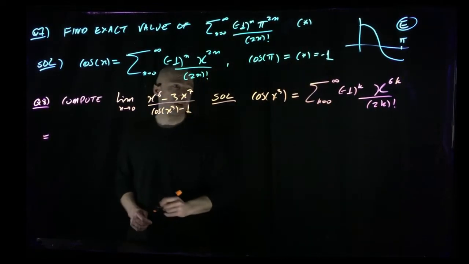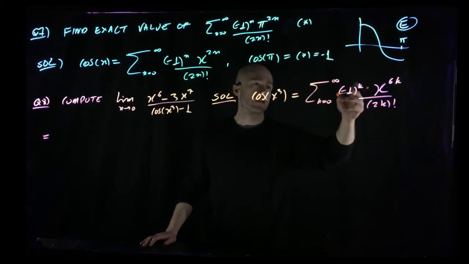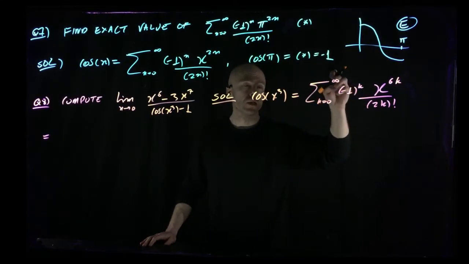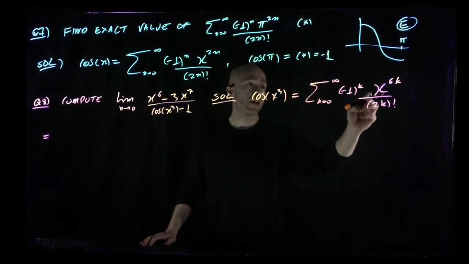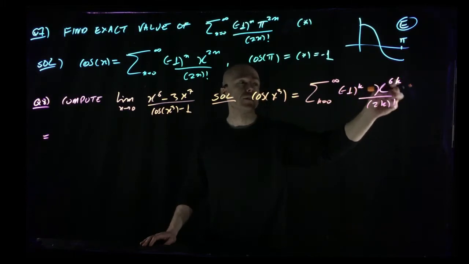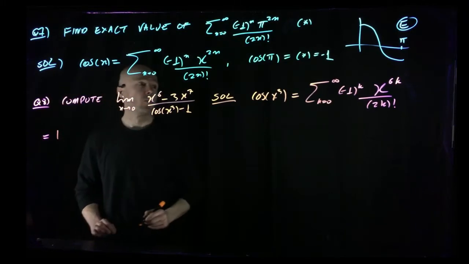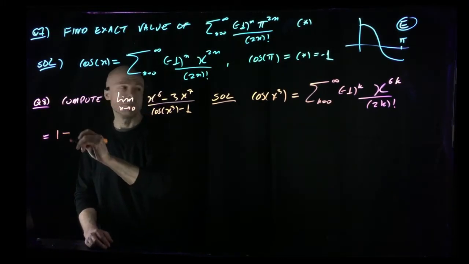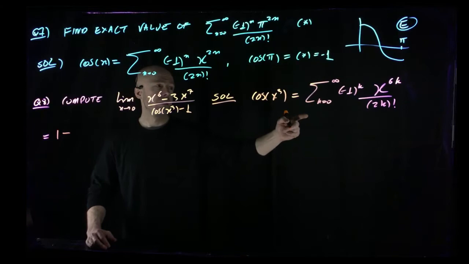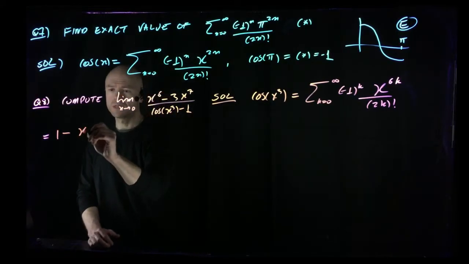So let's write out the first few terms. When k equals 0, minus 1 to the 0 is just 1, x to the 0 is 1, 0 factorial is 1, so the first term is 1. When k equals 1, we have minus x to the power 6 over 2 factorial, so x to the 6 over 2.